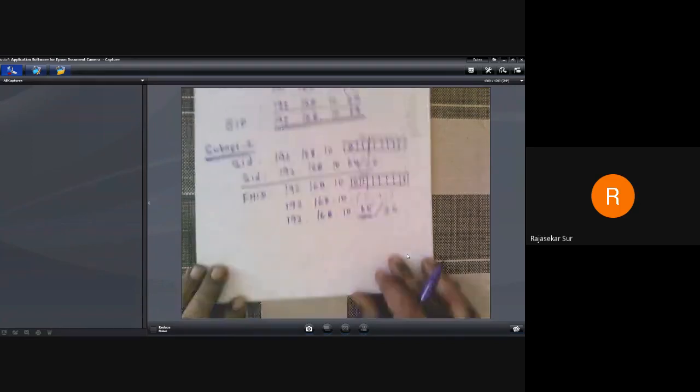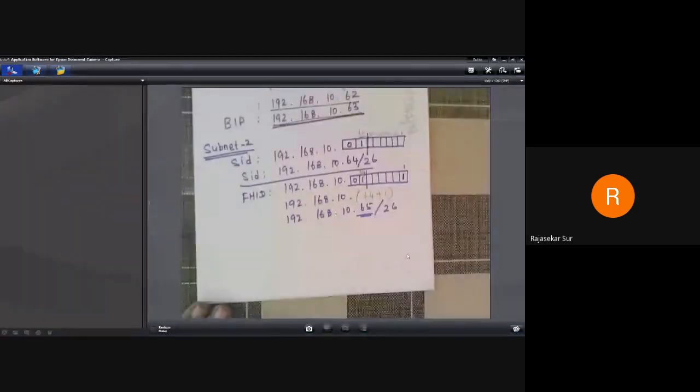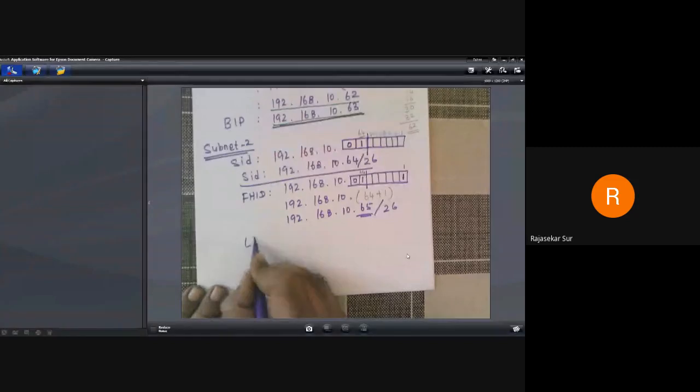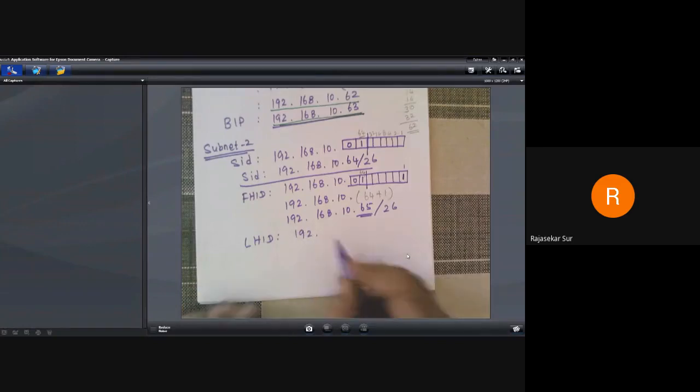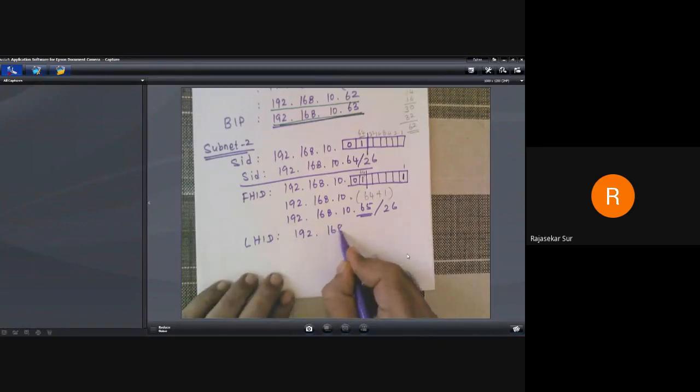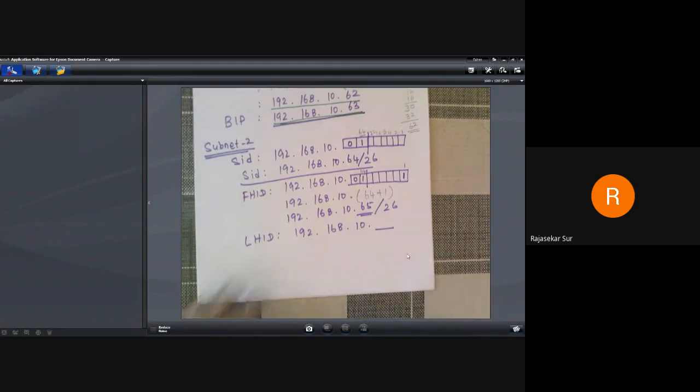Now I'm going for the last host ID. The forum is open. I want any one of you to give me the answer. 192.168.10 dot what? Come on, I need the answer from anyone.